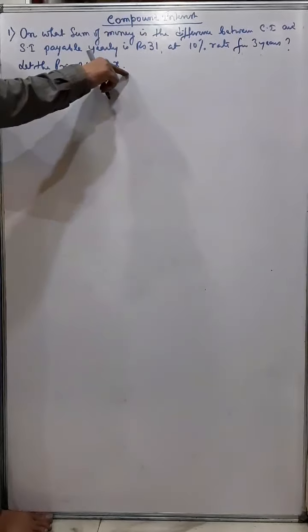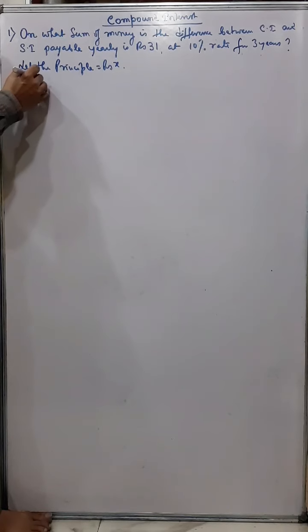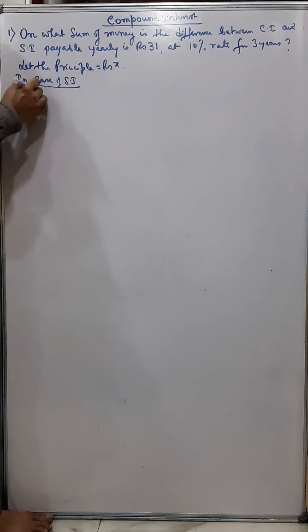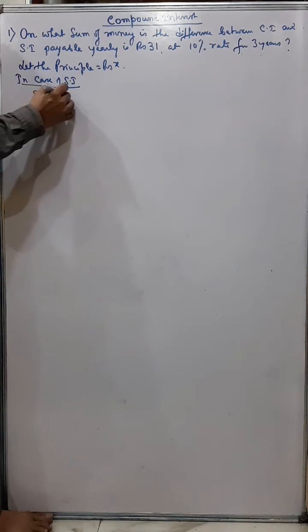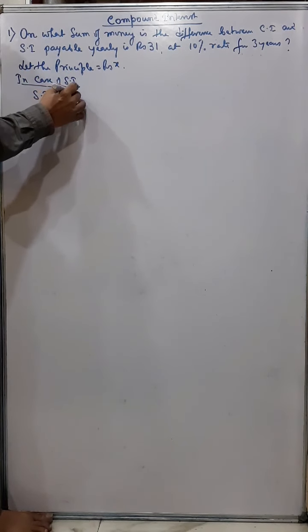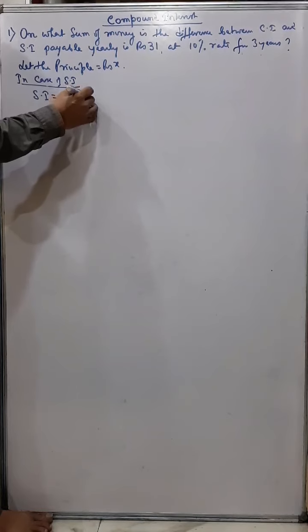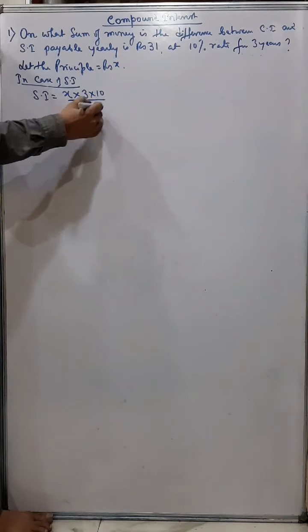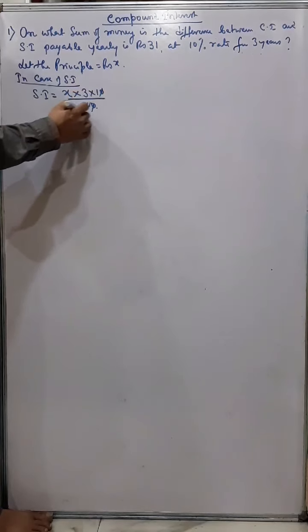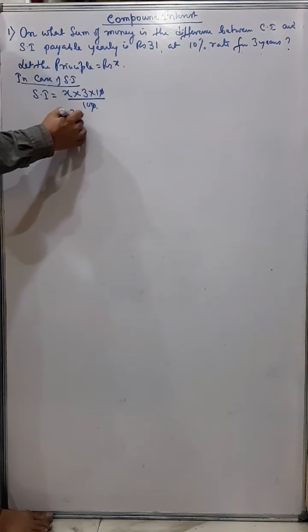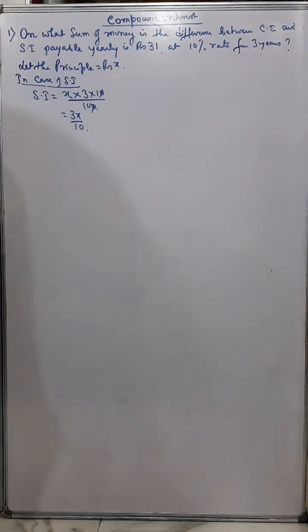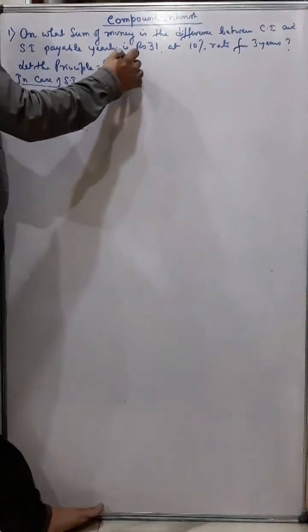So if I take the principal as X, in case of SI, what will be my SI? SI is equal to PTR by 100, principal is X, time is 3, rate is 10 by 100. So I got 3x by 10.